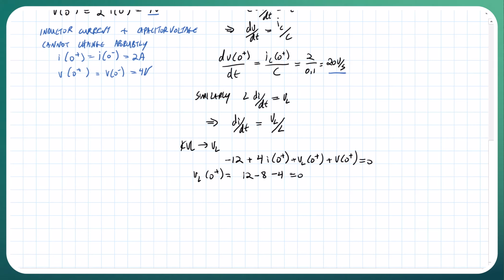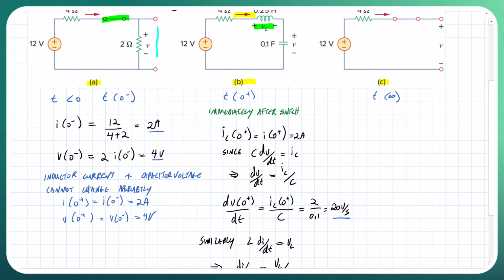Okay, and then we can write di(0+) over dt equals VL(0+) over L, which is just 0 over 0.25, which is just 0 amps per second. We'll write that down here. We save that value. Okay, so now we've solved for our first state here.